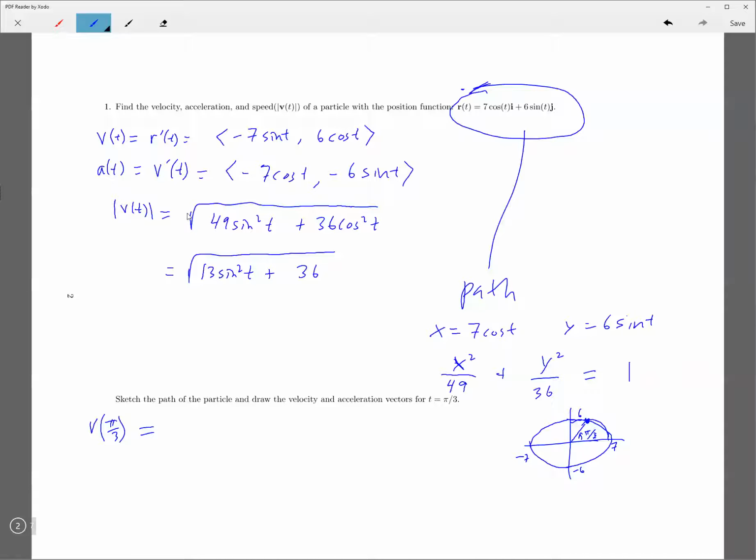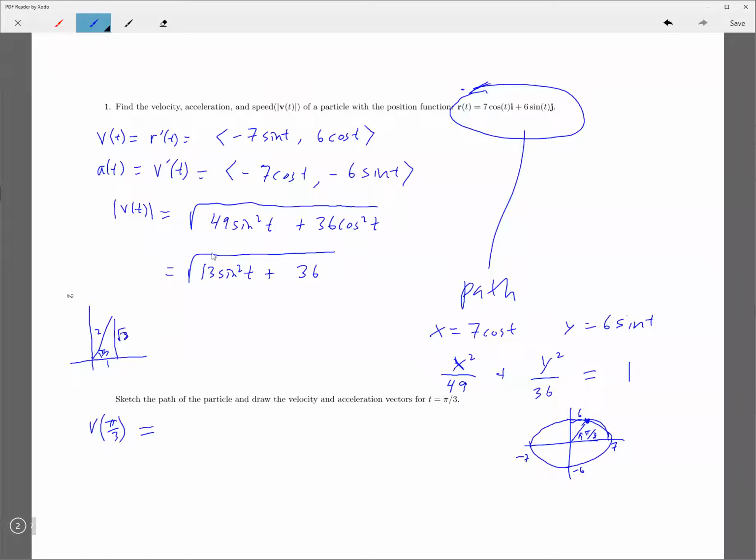Okay, so you're going to plug in pi/3 to the velocity vector. And let's see here. If you draw the angle pi/3, then it's a 1 to √3 triangle.